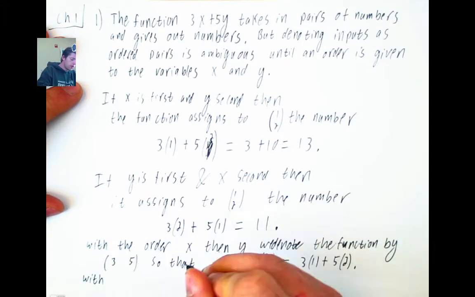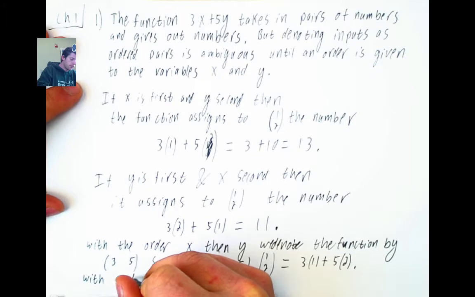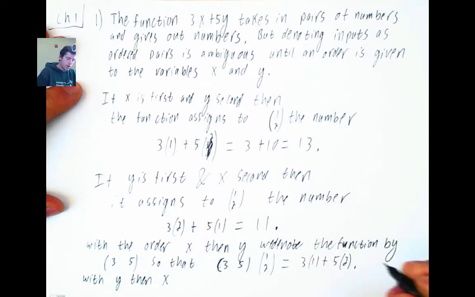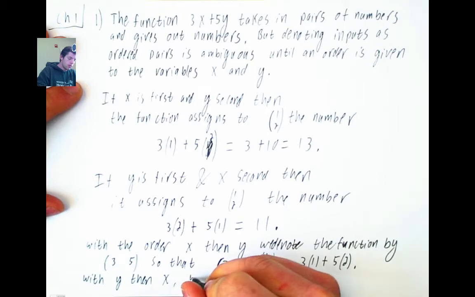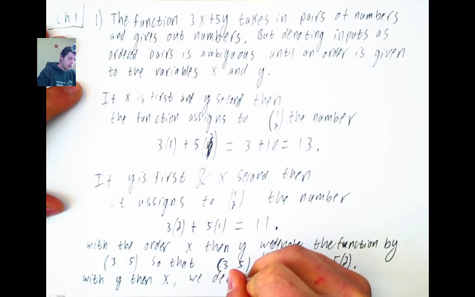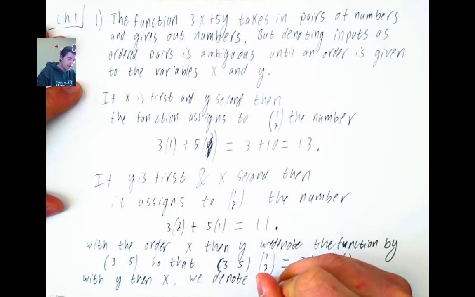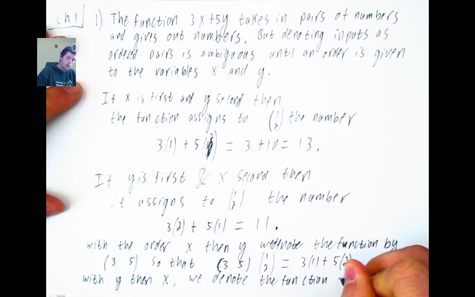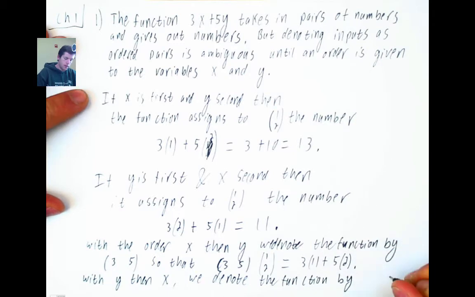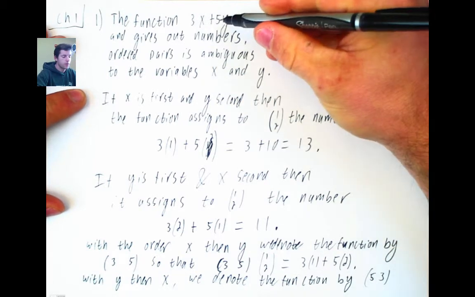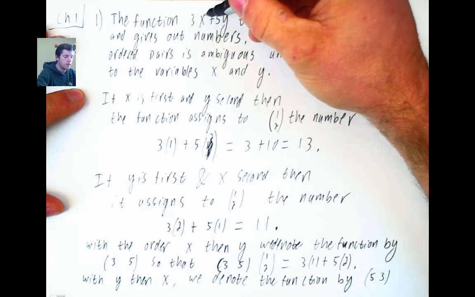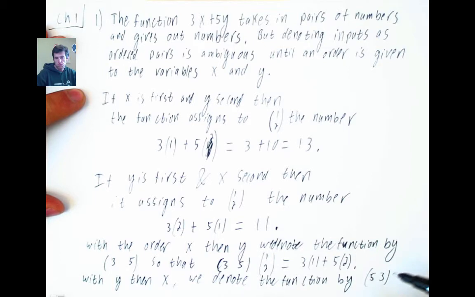With the other order, y then x, we denote the function by 5, 3. See, the coefficient of the first variable comes first, and the coefficient of the second variable comes second.